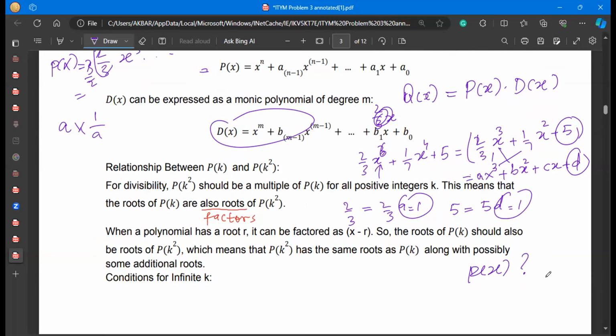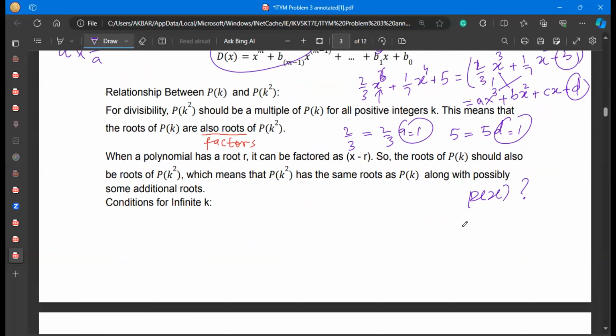At least we have derived that if p of x is a monomial, just a constant times x to the power n, then the requirement is satisfied. Whenever we substitute x with x squared, this polynomial will always divide it.